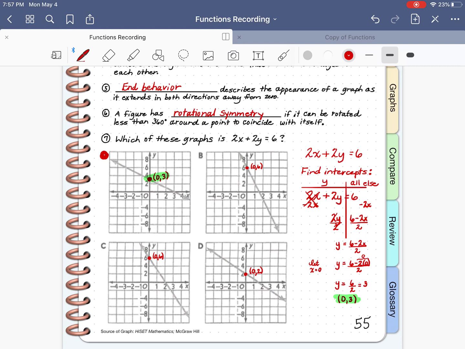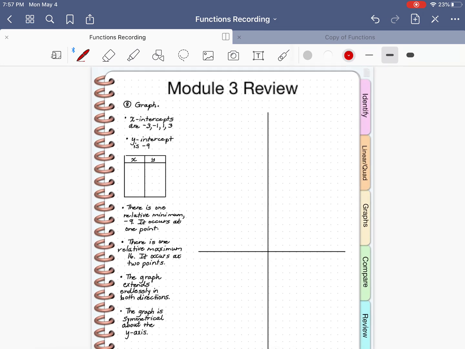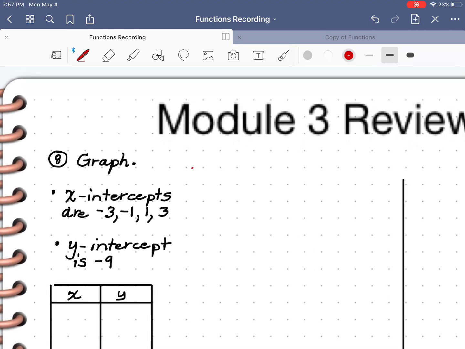All right, number 8. They want me to graph this, at least one possible solution. This is not the only one. But they tell me that the x-intercepts are -3, -1, 1, and 3.